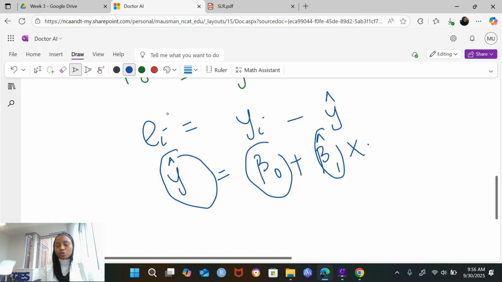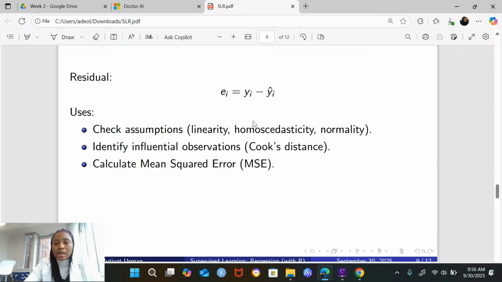And then to obtain the error of each of our observations, we have to take that away from the input. So if we come back here now, we are going to have a new set of numbers for the error term. With that, we can start checking the assumptions, like the linearity, the homoscedasticity, and the normality.